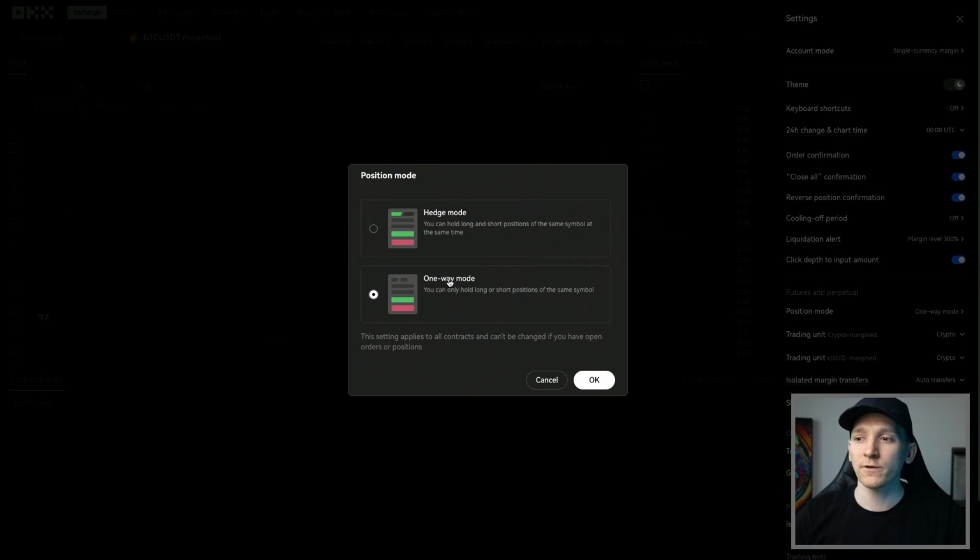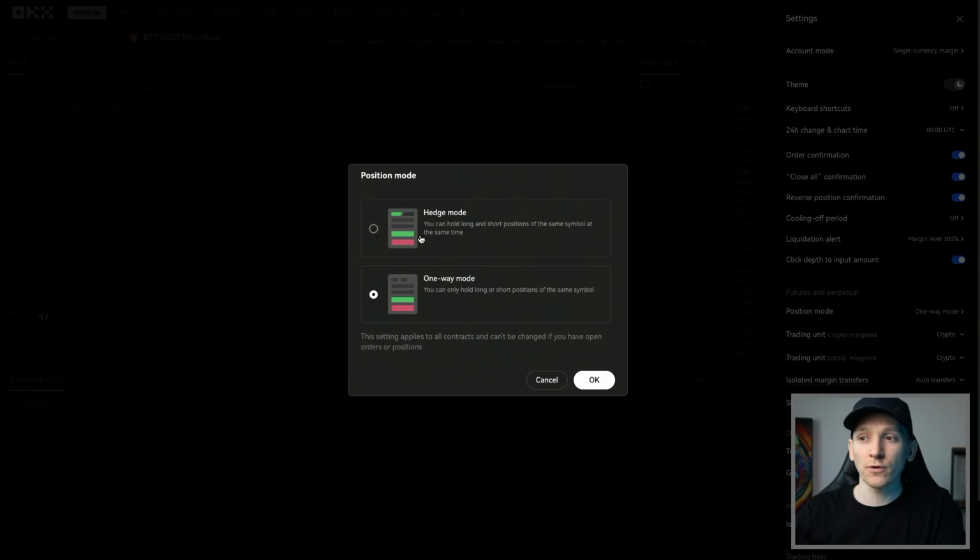With one-way mode, what we would do is reduce the size of our long position. So let's say we have a $10,000 trade and we're in profit. We can essentially close half of that position and essentially sell that position. Now that's not going short, you're just reducing your long, right?